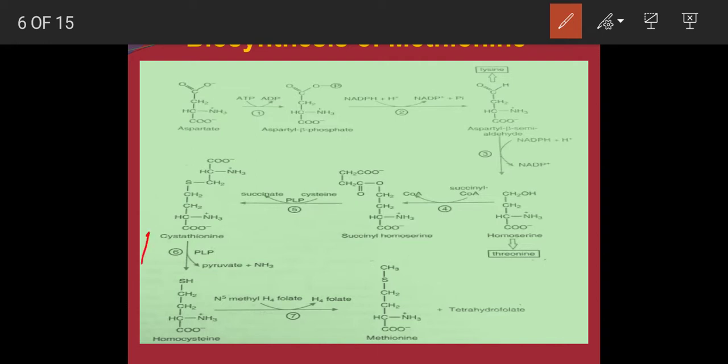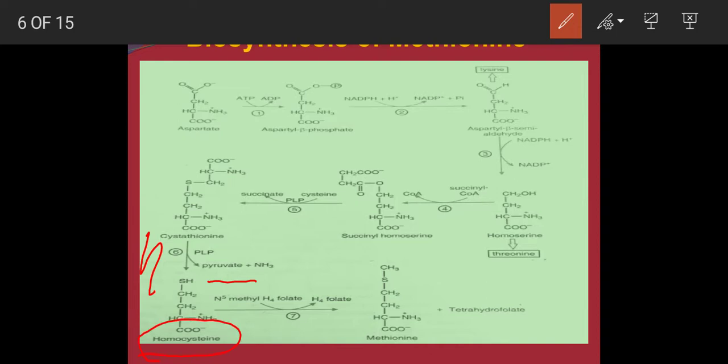In the next step, the 6th, the cystathionine beta lyase enzyme liberates pyruvate and ammonia from cystathionine to produce homocysteine.